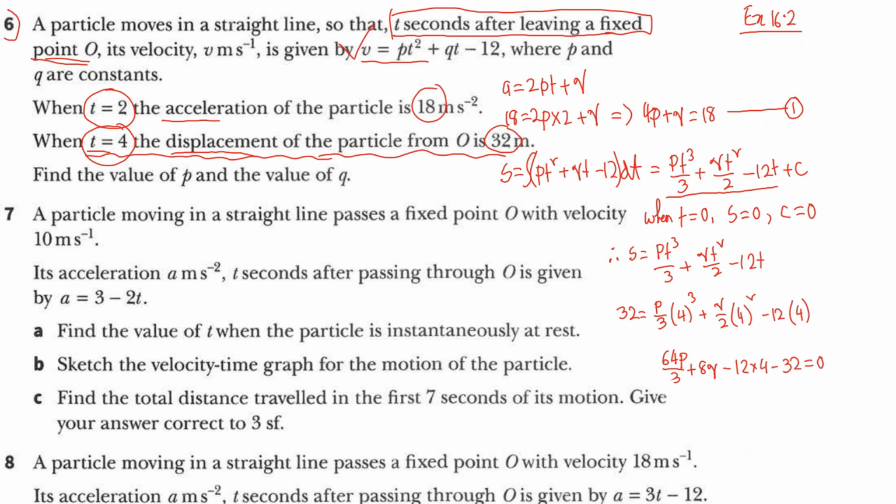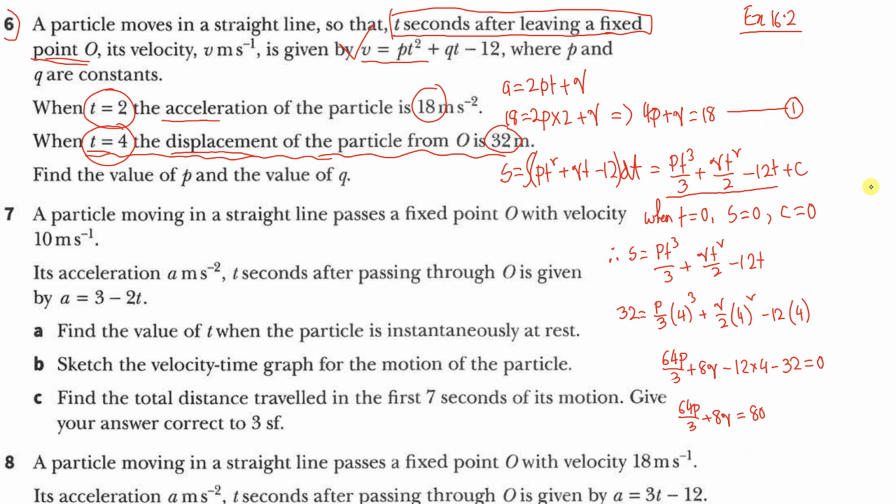So from there it is 64p by 3 plus 8q equals 32 plus 48, which is 80. So that is our expression. We can write this expression as the second equation.